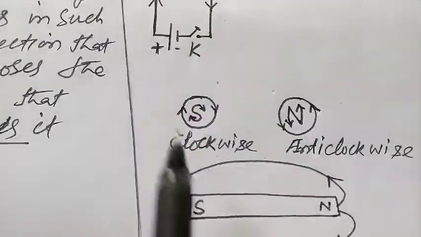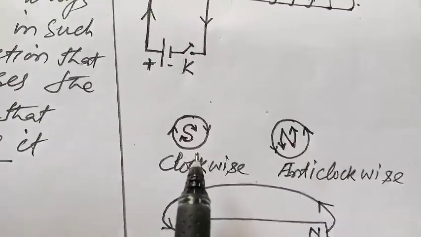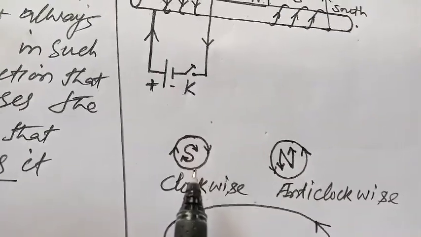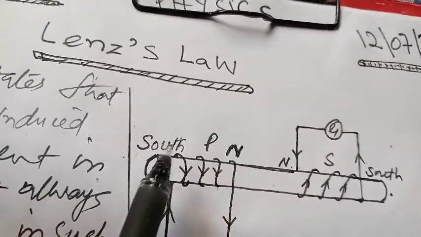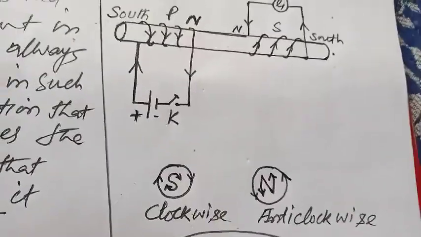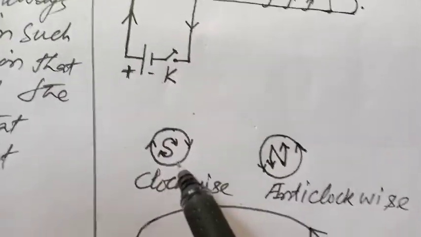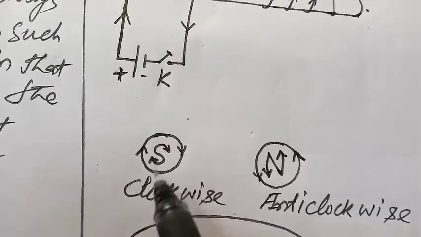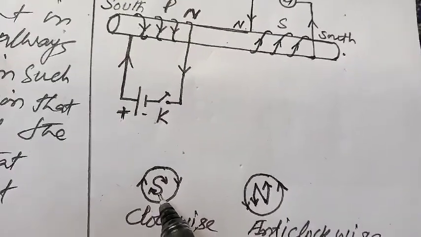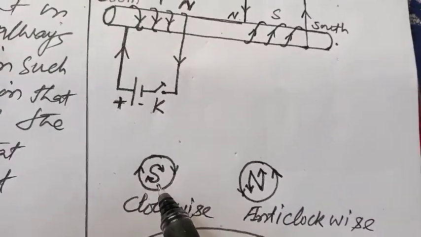See here, this is a coil. If we take a single turn, for instance, remember how you can determine the south and north pole.